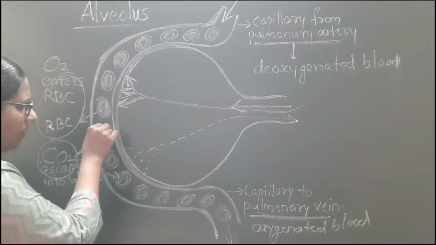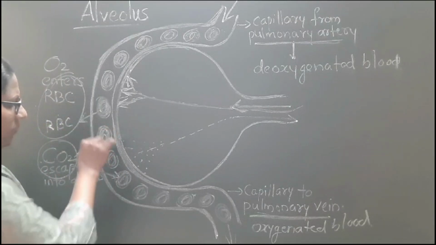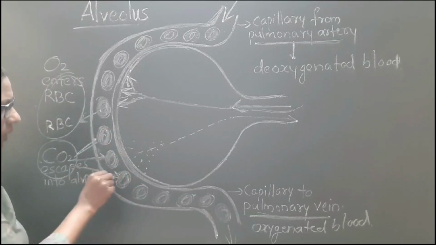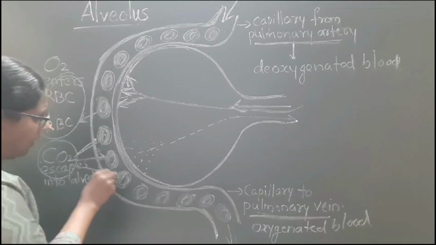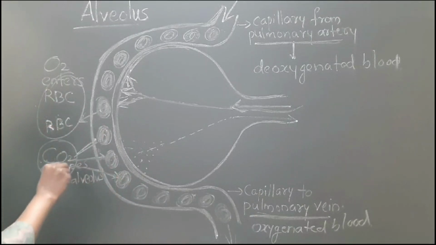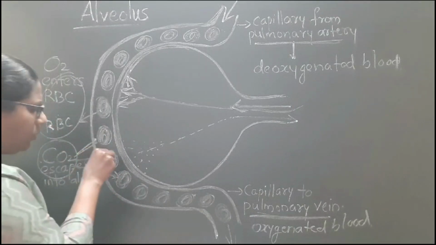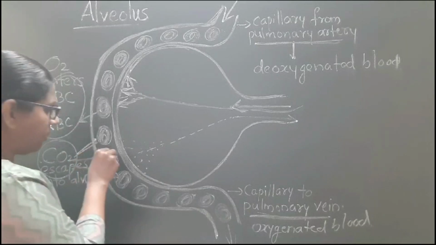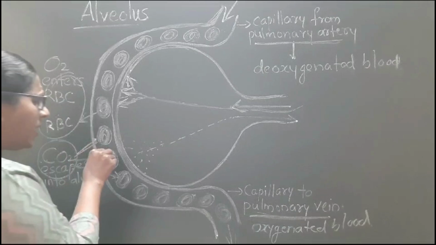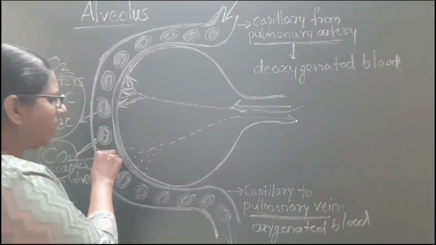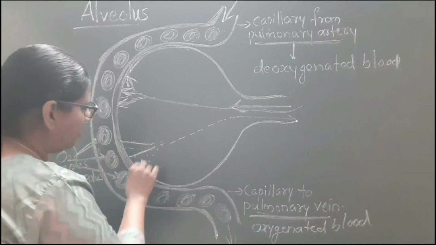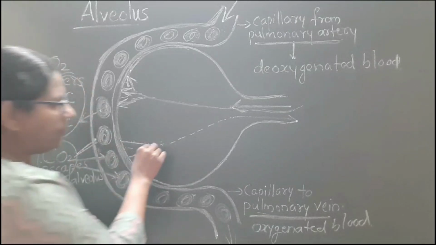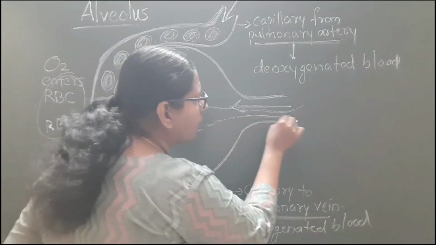Inside the capillary there are RBC, hemoglobin, all these. It is escaping from the cell to the capillary, and from the capillary to the alveolus, and then when we breathe out, it goes out.